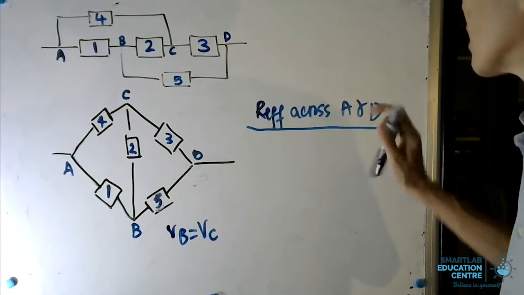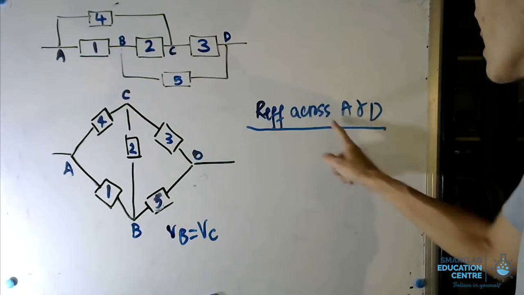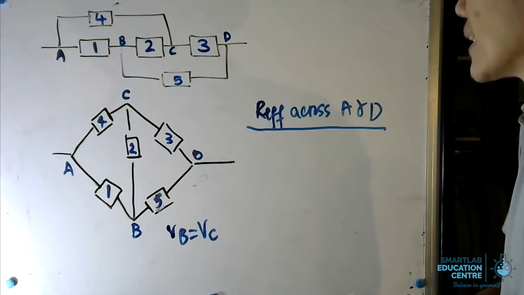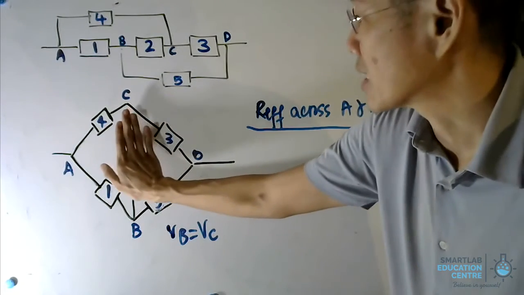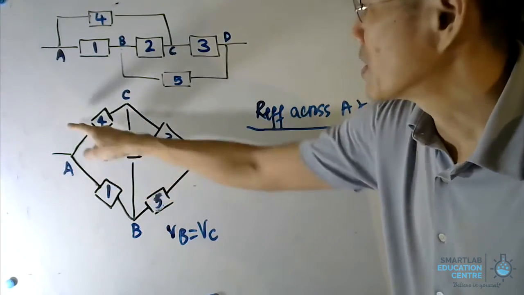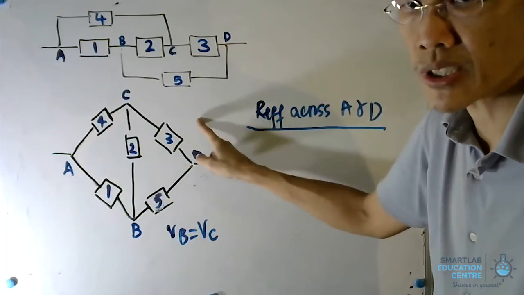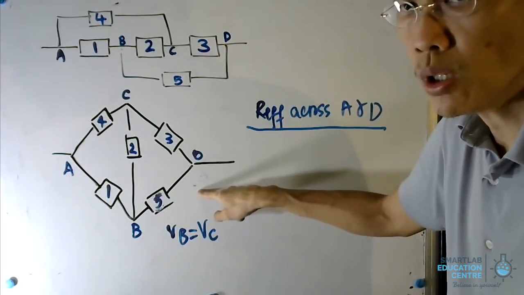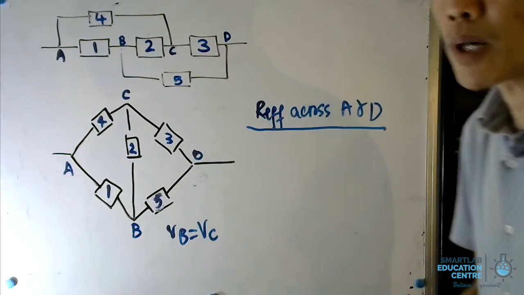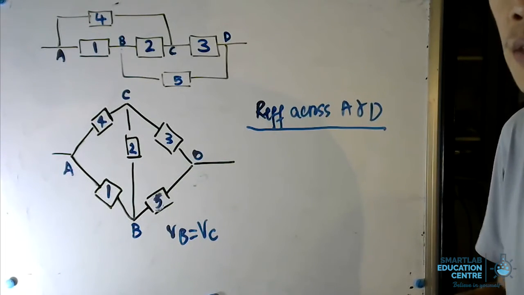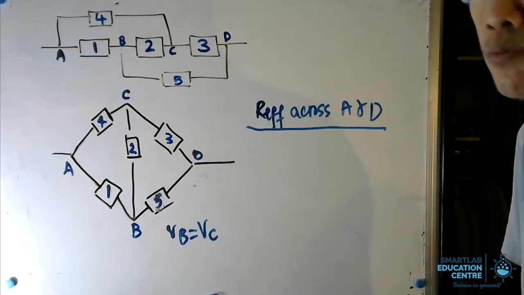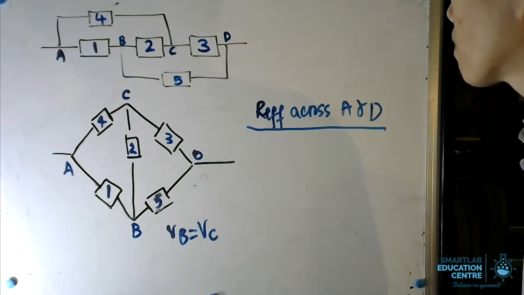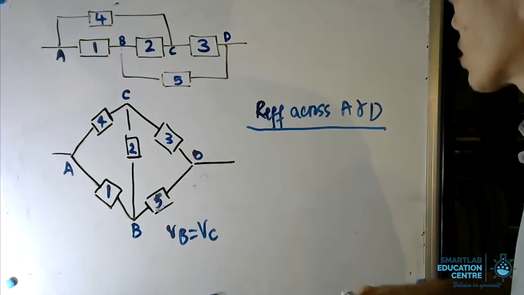So calculating the R effective across A and D will be pretty straightforward, because it's as good as taking this out, which means you can sum up both the resistors on the top and both the resistors below, and then use the formula for calculating the R effective for resistors connected in parallel.